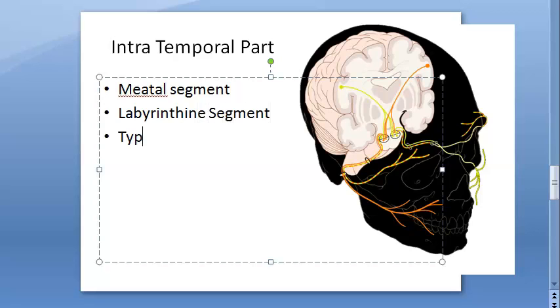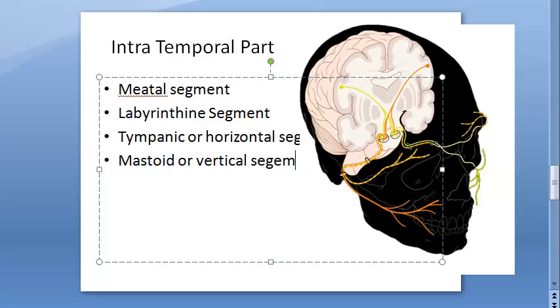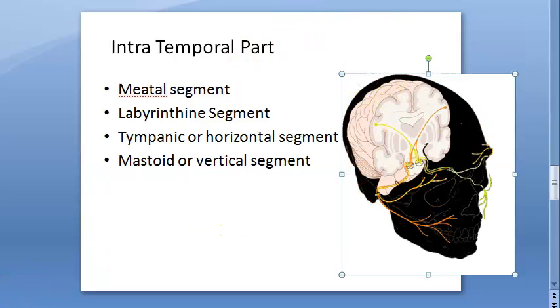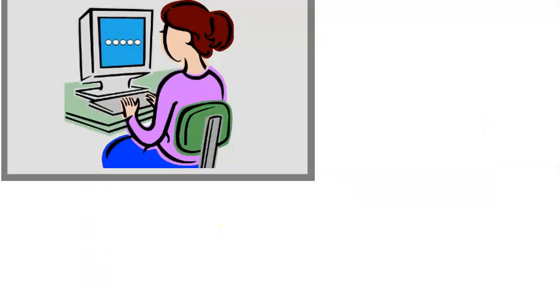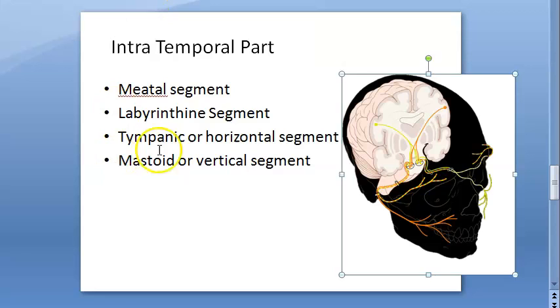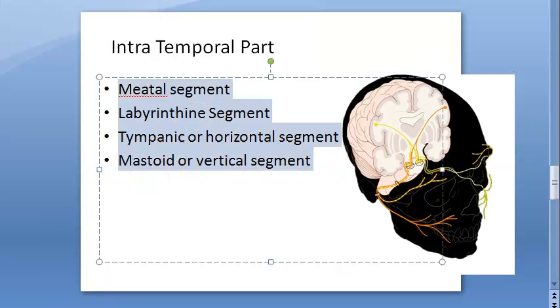Then you have the tympanic or horizontal segment, okay? Then you have the mastoid or vertical segment. Guys, pay attention here. We are looking at the intratemporal part of the facial nerve. There itself there are four parts: meatal segment, labyrinthine segment, tympanic or horizontal segment, and the mastoid or the vertical segment.